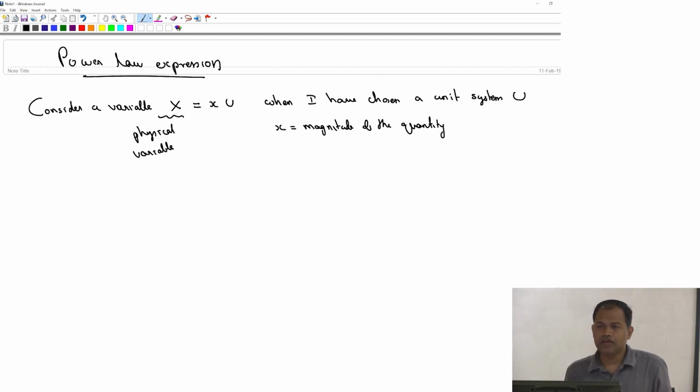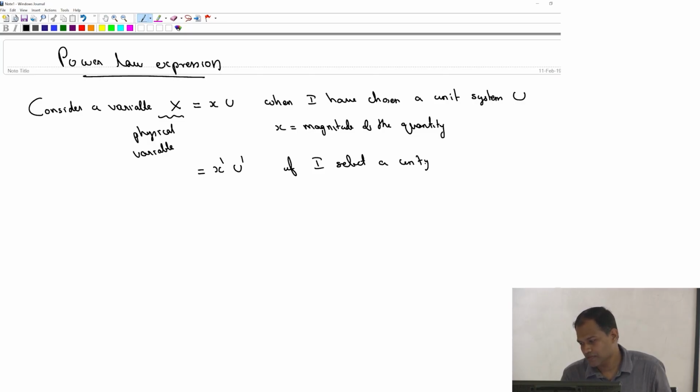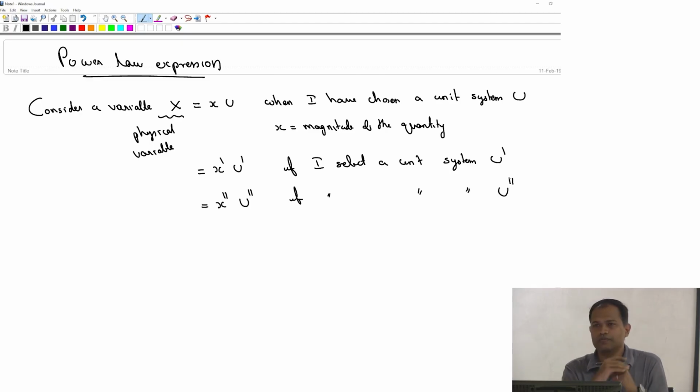For example, force is equal to 10 Newton. That's all what I have written, but in a general form. Or I could write this as x prime u prime if I select a unit system u prime, or x double prime u double prime if I select a unit system u double prime.